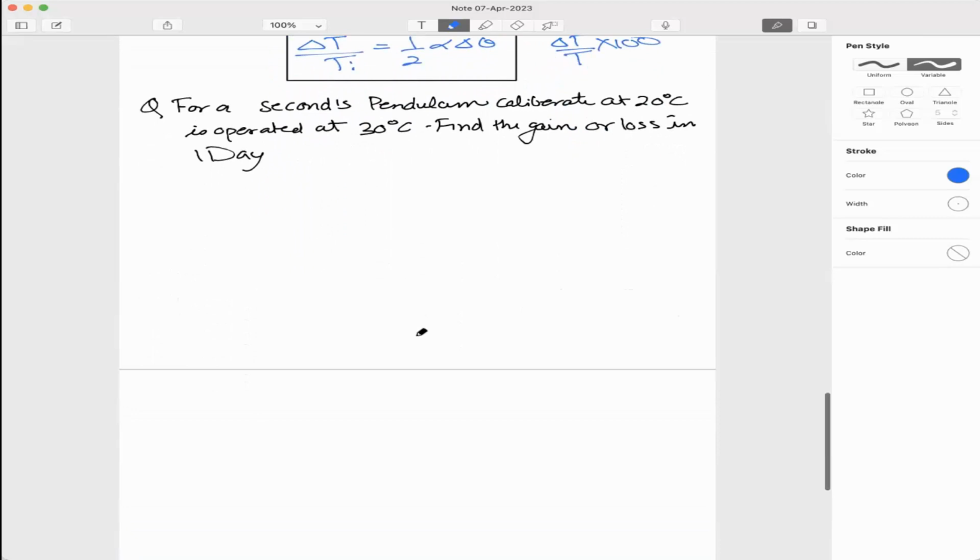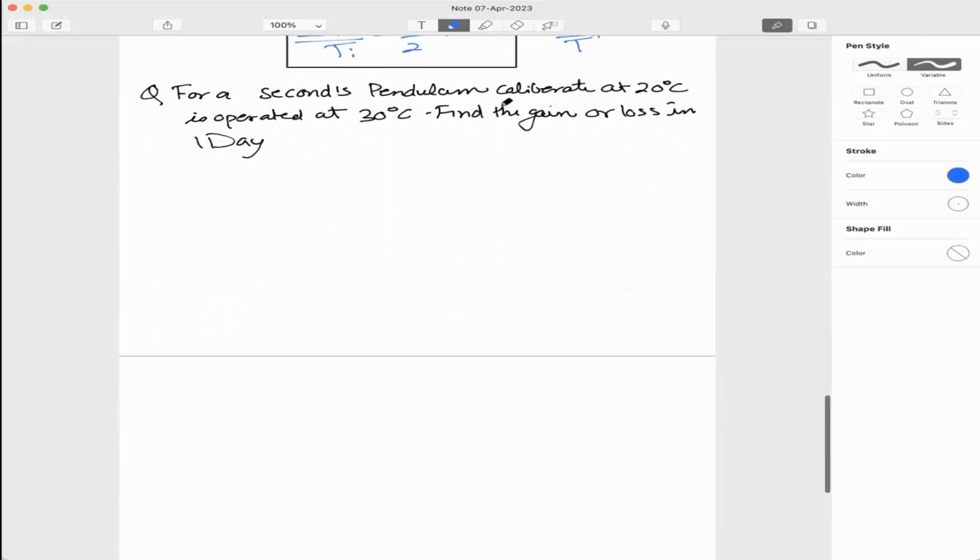Now I have a question for you. A seconds pendulum calibrated at 20 degrees centigrade is operated at 30 degrees centigrade. Find the gain or loss in 1 day. So we need to find out the total loss in time period in 1 day, where alpha for the wire is given to be 1.2 into 10 to the power minus 5 per degree centigrade, and 1 day has 86400 seconds.